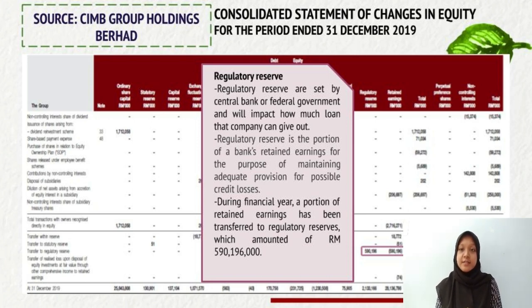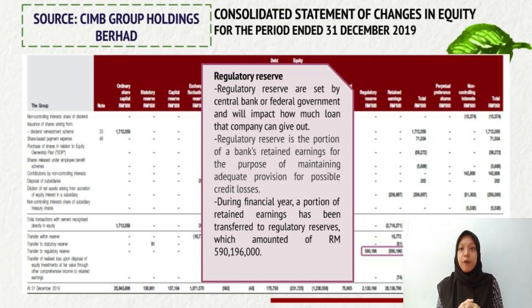Regulatory reserve is the reserve that is set by the central bank or federal government for the bank that will impact how much loan the bank can give out to the borrower. According to Bank Negara Malaysia, guidelines on financial reporting for Islamic institutions required banking institutions to maintain in aggregate a regulatory reserve of not less than 1% of total credit exposure.